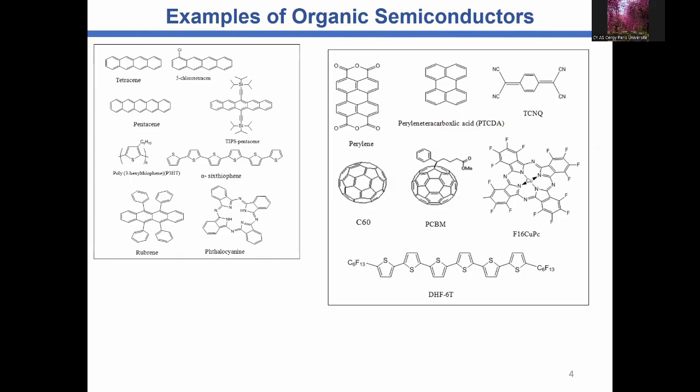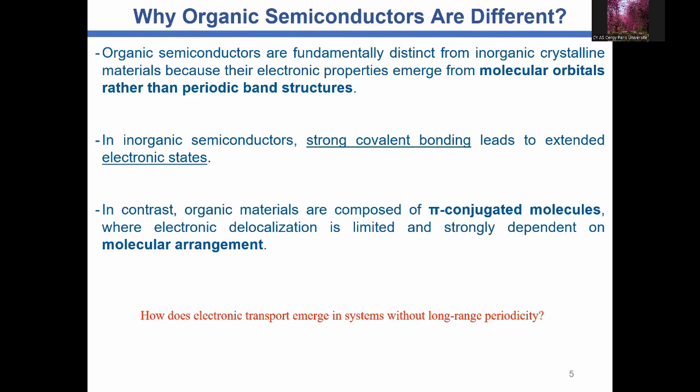So this is the main rule for organic electronic transport. They are fundamentally distinct from the inorganic crystalline materials, because they emerge from molecular orbitals rather than periodic band structures. How the carbon creates these two orbitals that can split into the energy of visible light, we will discuss in the next topic.